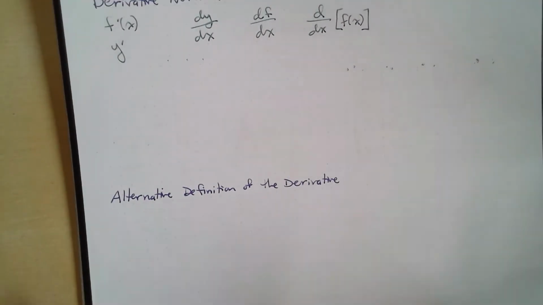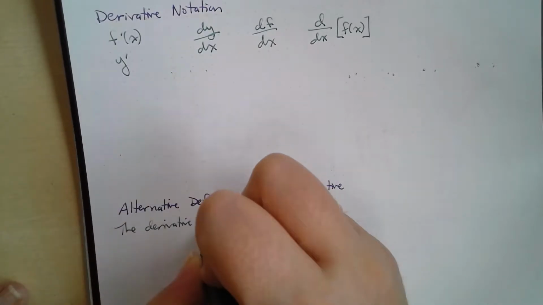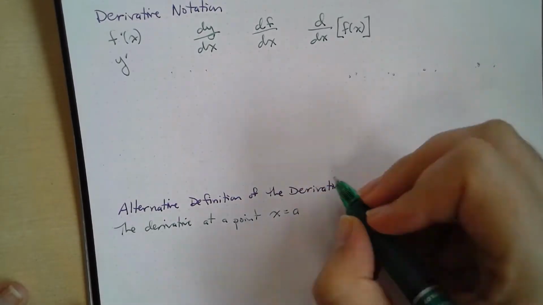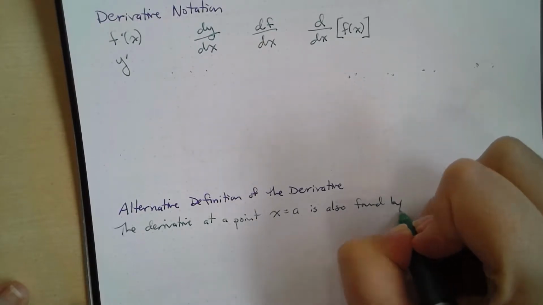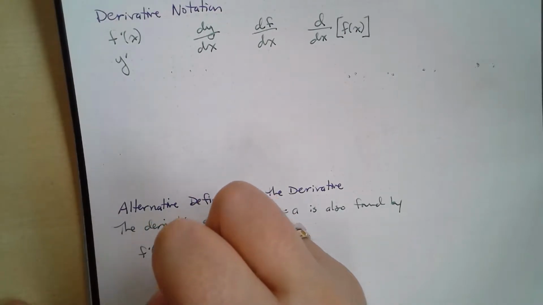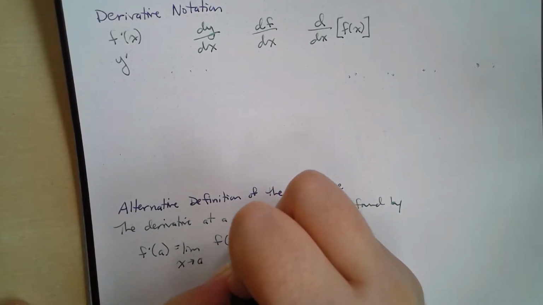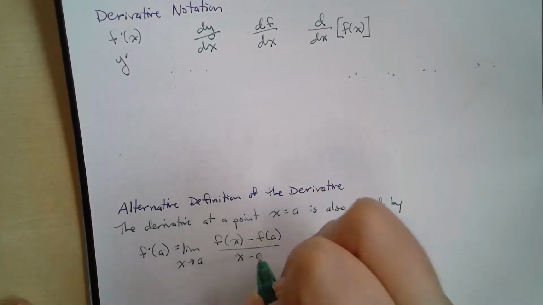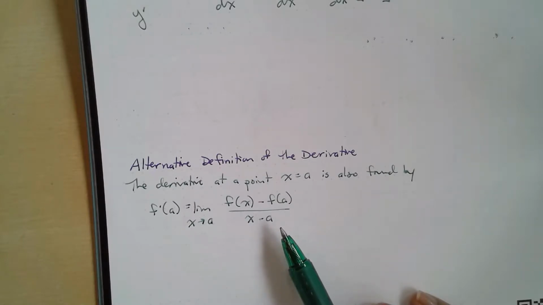The derivative at a point x equals a is also found by f prime of a is equal to the limit as x approaches a of f of x minus f of a over x minus a. And that should look pretty familiar to you, right? That's basically the slope formula that you've been using for years and years and years.